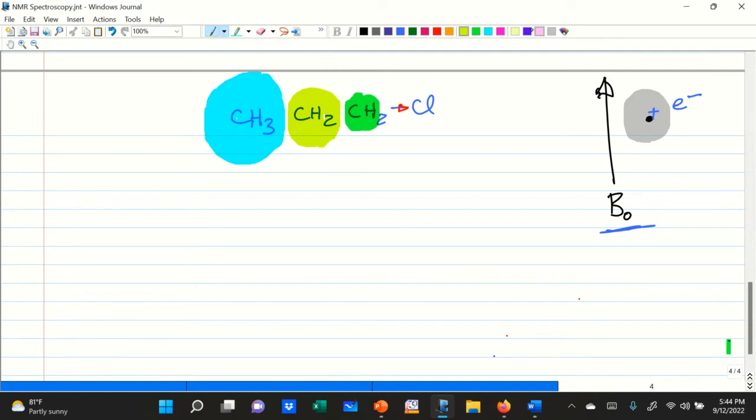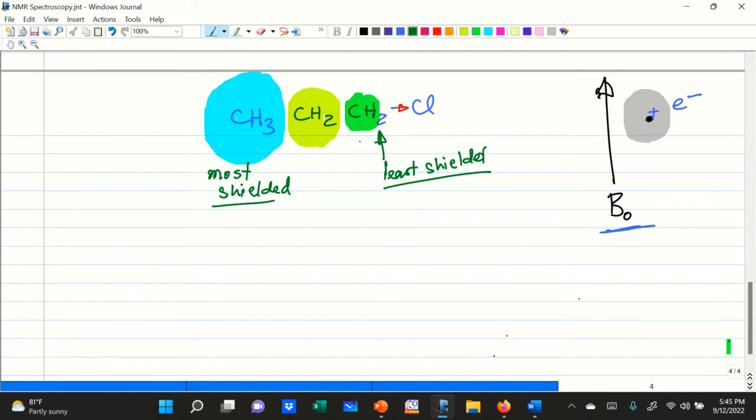This is the one most shielded, and this is the one that is least shielded. The result is this: the one that is most shielded, for it to absorb the same radiation and resonate, is going to require a slightly higher external field compared to the green one.